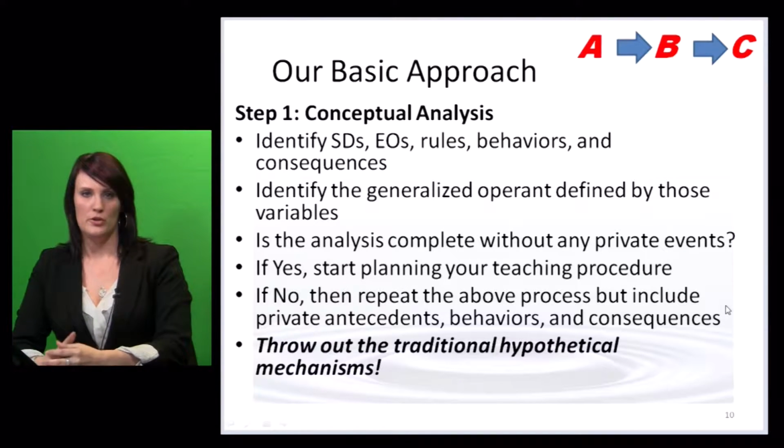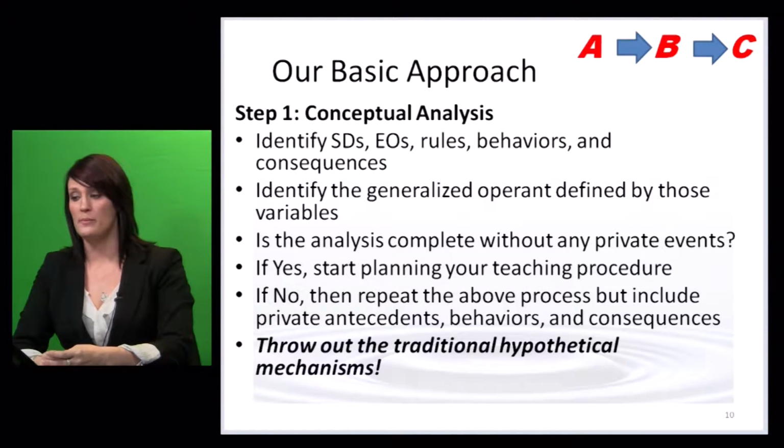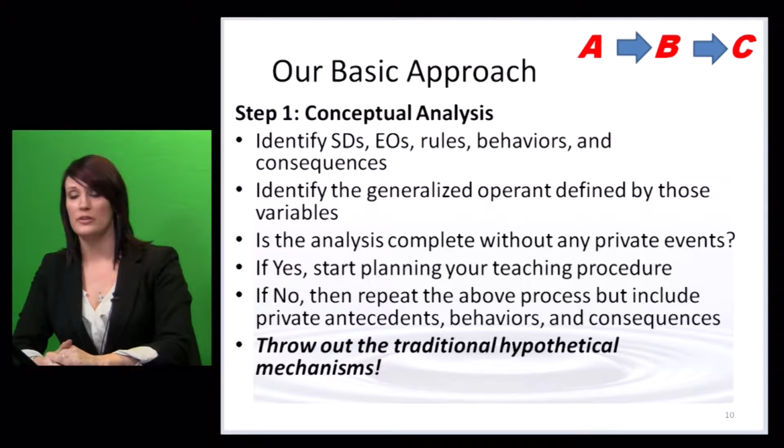Our basic approach looks like this. We will start by identifying the SDs, discriminative stimuli, establishing operations, rules, behaviors, and consequences that may be maintaining these cognitive events or cognitive skill sets. Then we identify the generalized operant defined by these variables. Then we ask ourselves, is the analysis complete without including any private events?